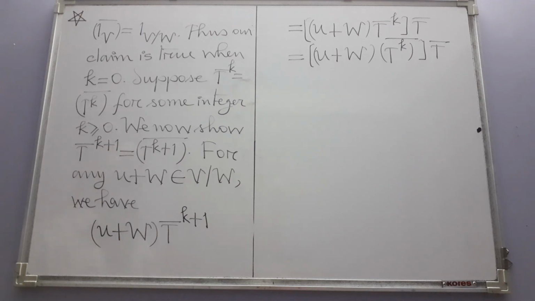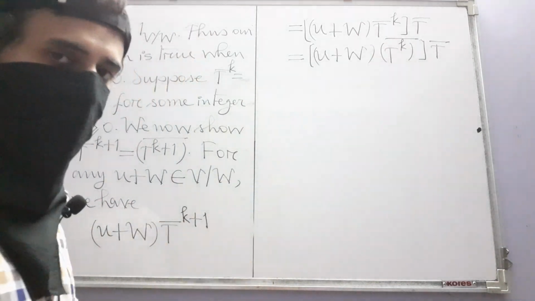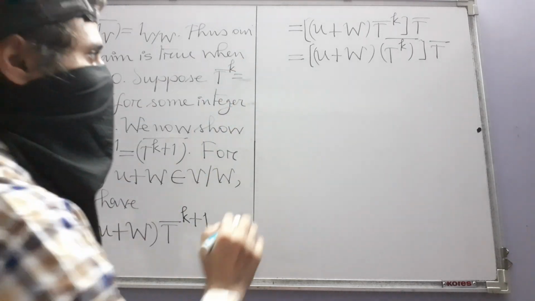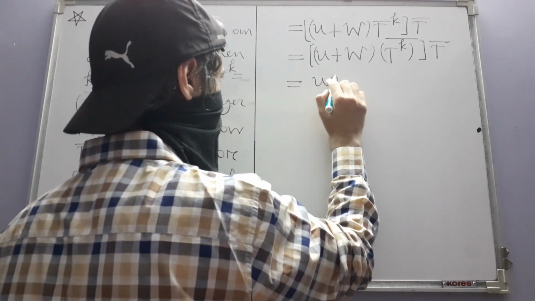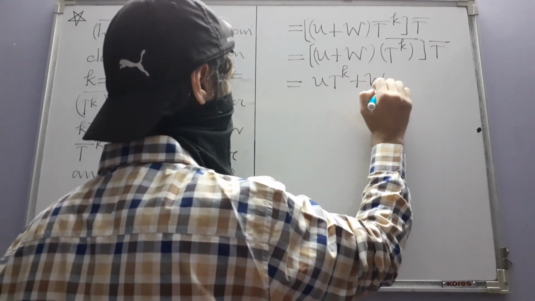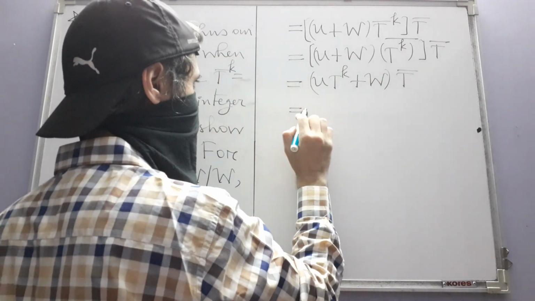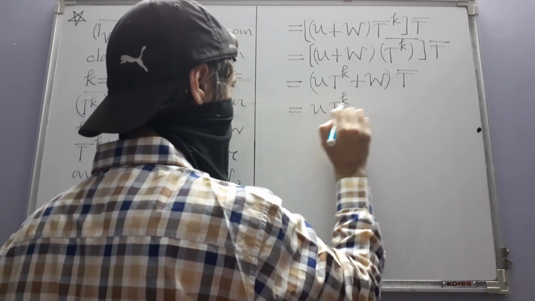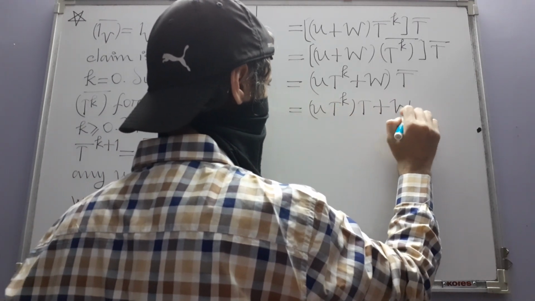Alright, no, it's okay. Now t to the power k after all is an operator on V, and we are looking at its bar version. So by the definition of bar operator, we have to apply t to the power k on u and then write w. On this we apply t bar. Yes. So again, by the definition of t bar, we apply t on this and then write plus w.